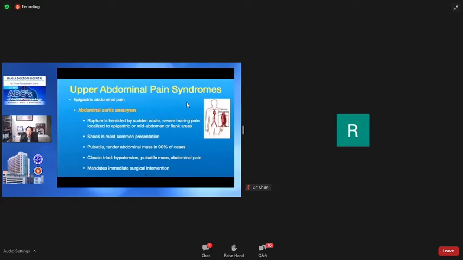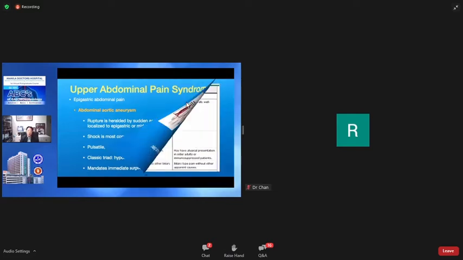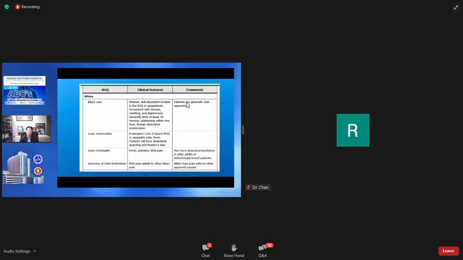Of important note is the abdominal aortic aneurysm, which has a classic triad of hypotension, pulsatile mass, and abdominal pain. Pain involving the liver or biliary tree is generally located in the right upper quadrant, but it may also radiate to the back or epigastrium.